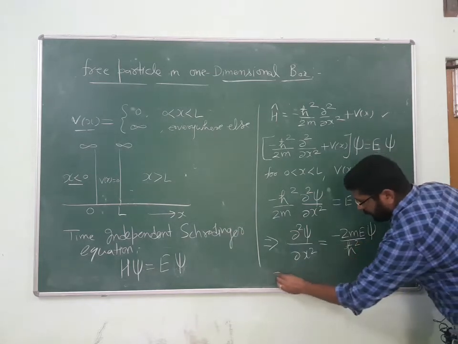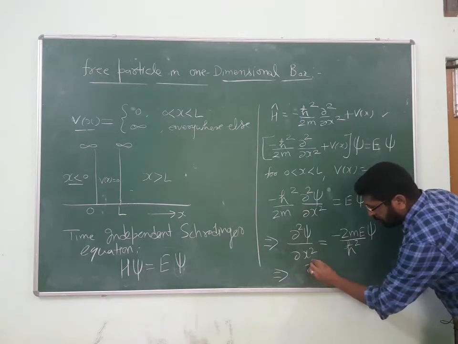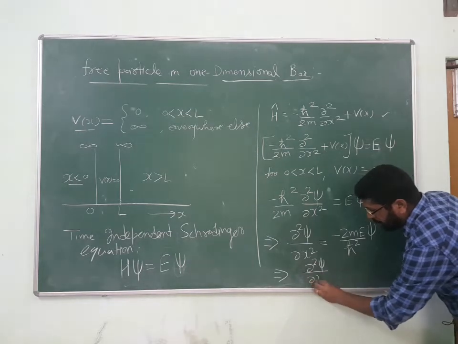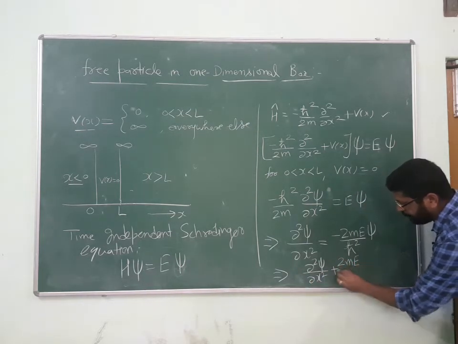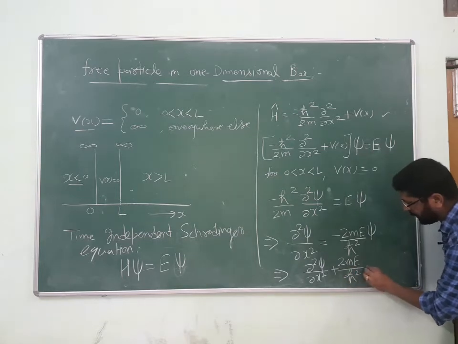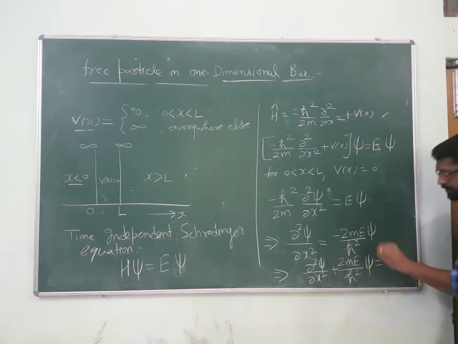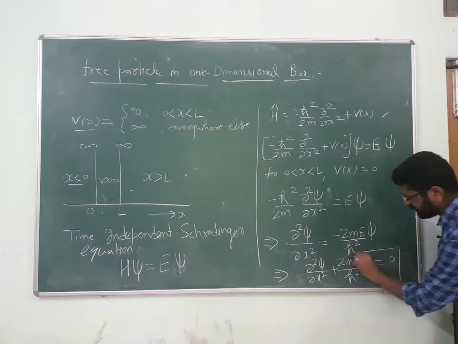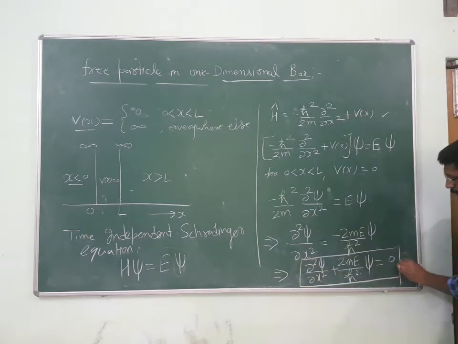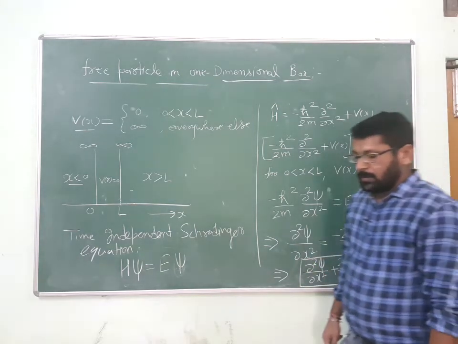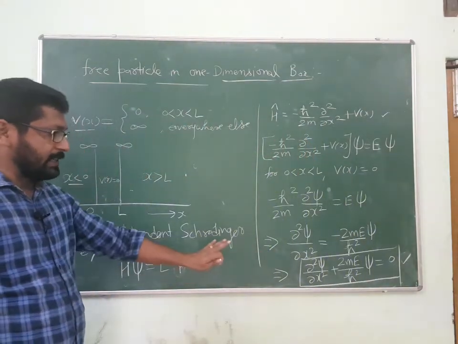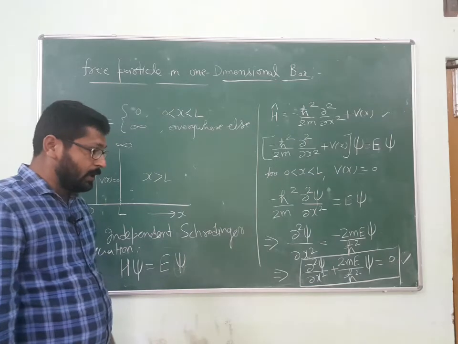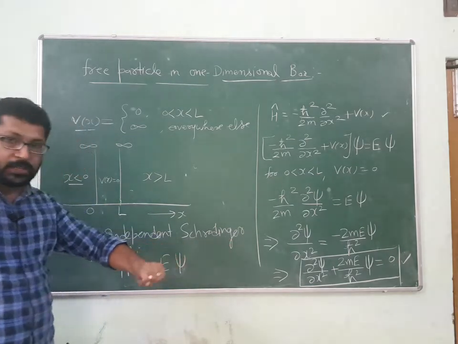Or, further rearranging these terms, the equation will become ∂²ψ over ∂x² plus 2mE by h cross square into ψ is equal to 0. So this is our equation, and we can see this is a second order differential equation, and we are familiar with this equation.